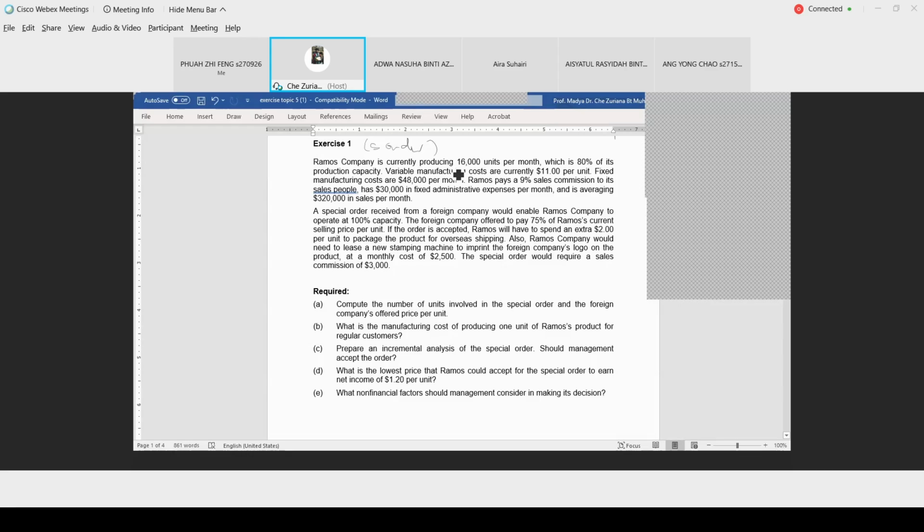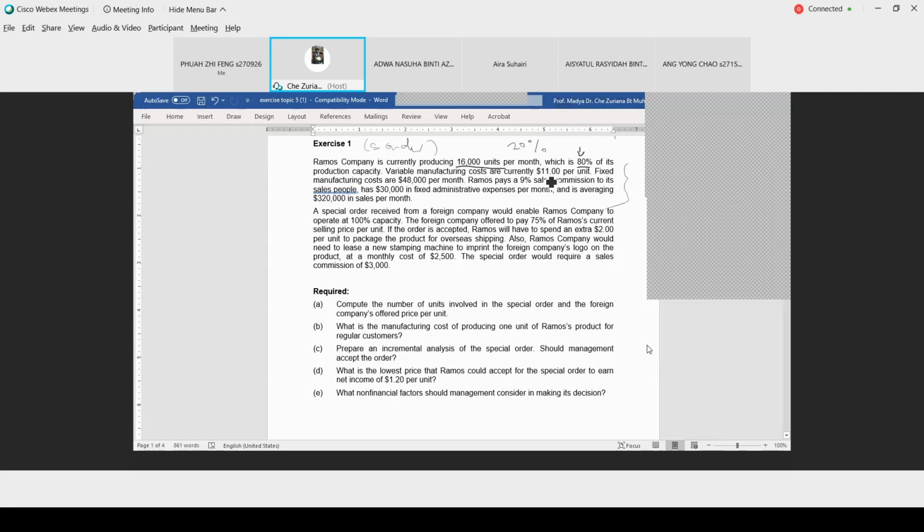Right. So this question, Ramos Company currently produces 16,000 units per month, which is 80% of its production capacity. So 80% means it still has 20% capacity to proceed with any production. To produce these 16,000 units, this is the cost incurred.